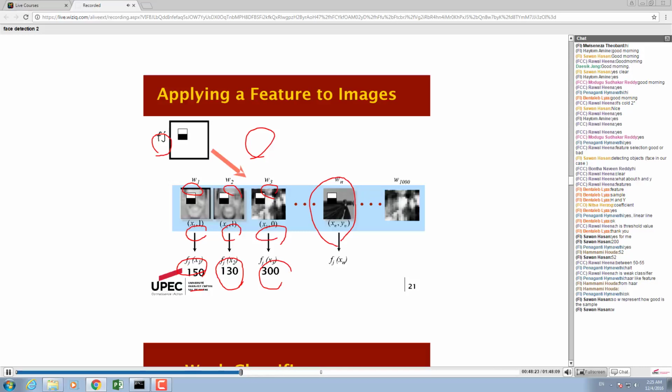So someone has a question. So we represent how good is the sample, are we using the W, right? Yes, somehow. So W can represent that kind of information, not directly, but it has that kind of meaning. But you have to remember it is not directly.